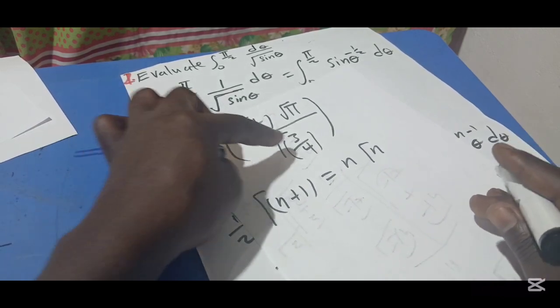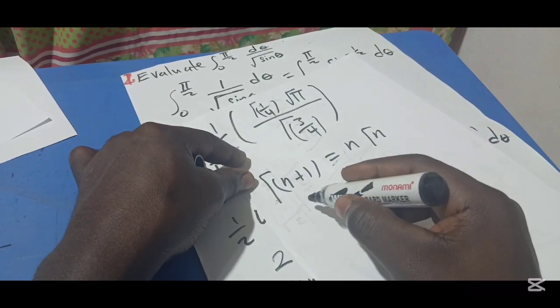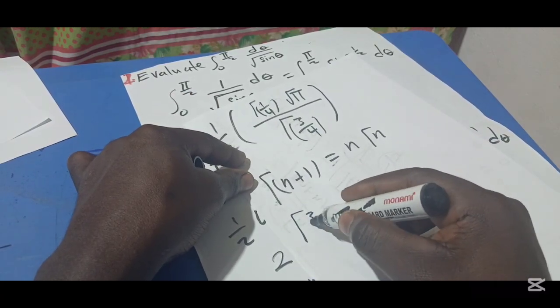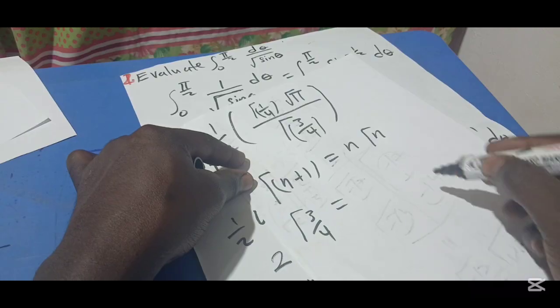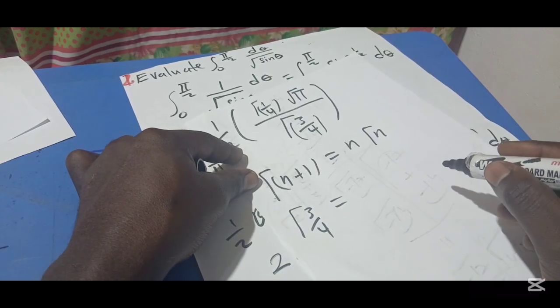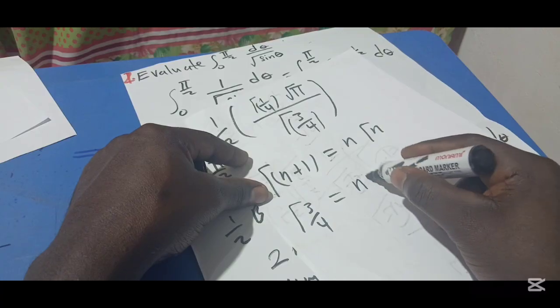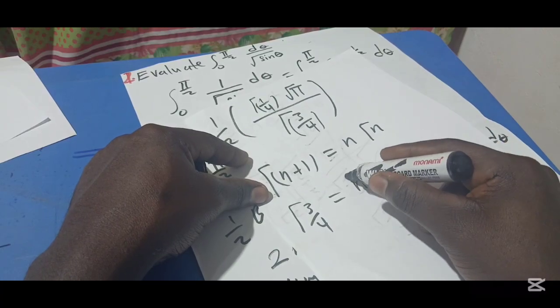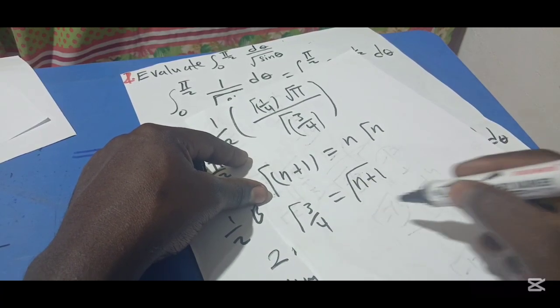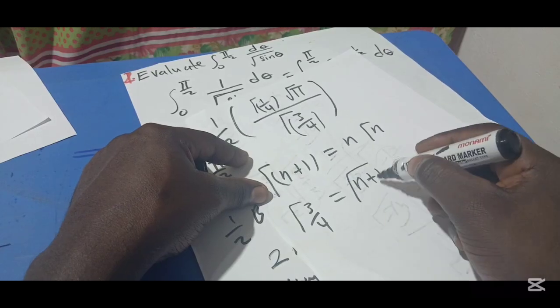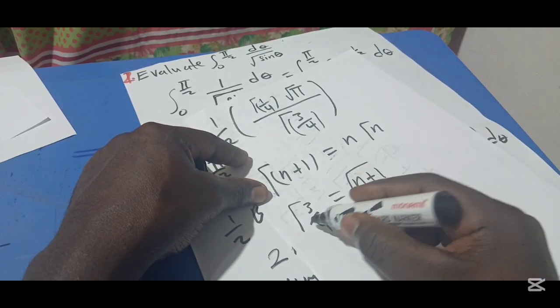And we want to solve for gamma of 3 on 4. So we want to find a number n such that if we add 1 to it, we get 3 on 4.